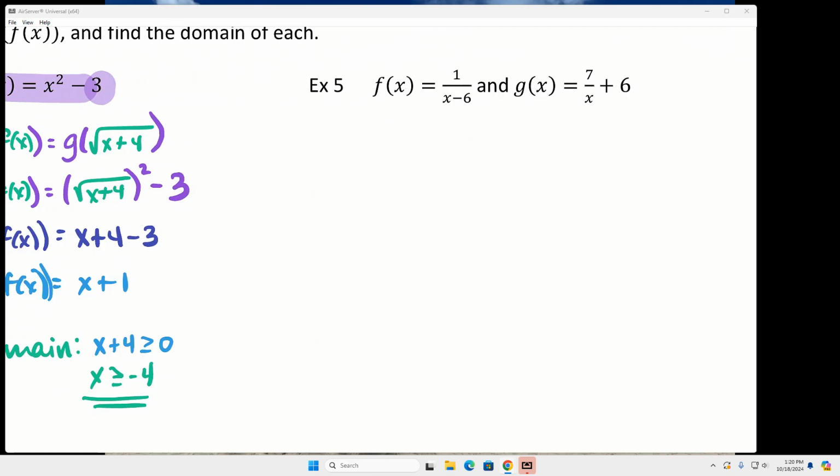So we're going to have f of x and g of x. And the first thing we're going to do is f of g of x.